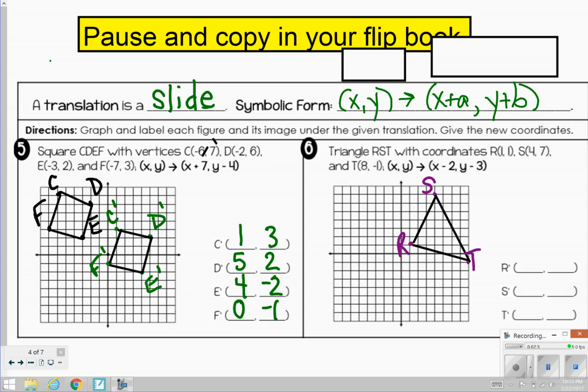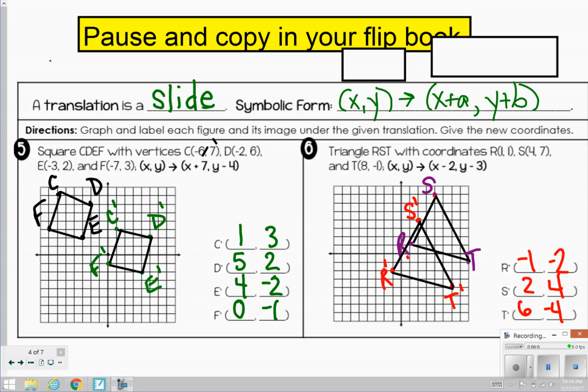And there I've gone ahead and added RST to our coordinate plane. And now I'll go ahead and add the new image with our prime location. And now I've added our new image, which is R prime, S prime, T prime.